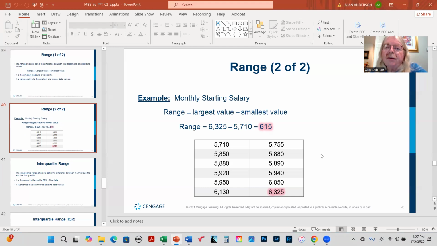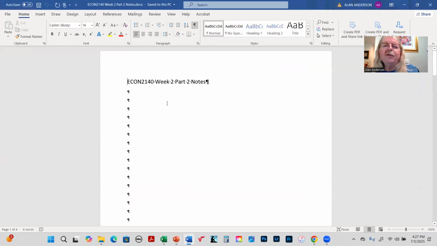By the way, I do want to mention here that, as we've seen before, the range has a formula, but it's not a numerical formula like the one for the sample mean, for example.